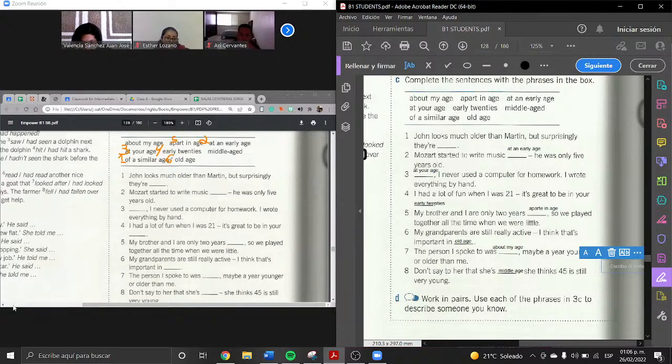The person I spoke to was about my age. About my age. Okay, number 7. And don't say to her that she's middle age. Middle age. This is number 8.